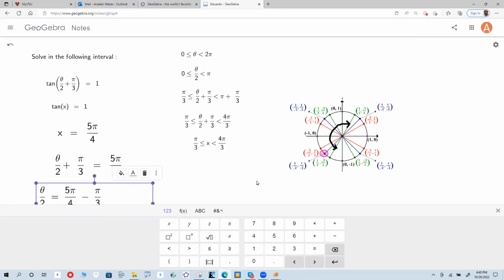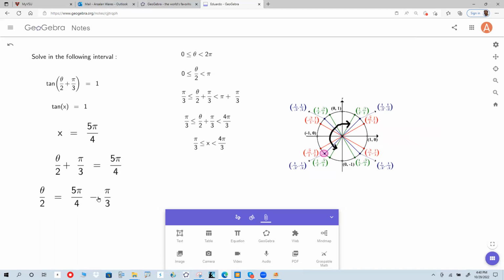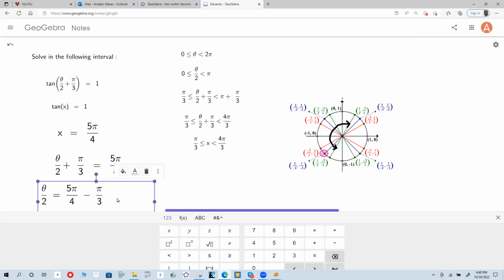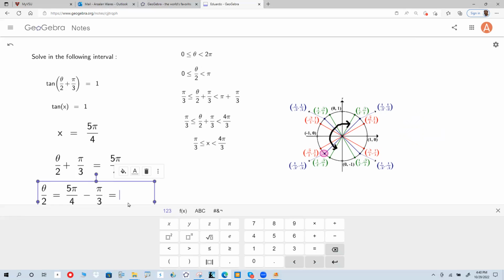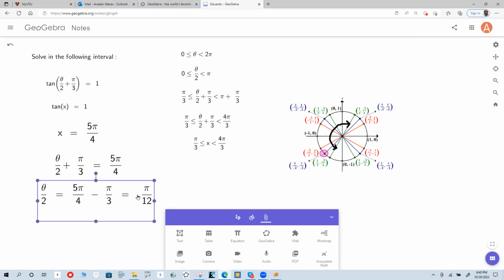You subtract pi over 3, so you have minus pi over 3. If you do your fractions right, it's a little bit of work. You multiply both top and bottom of the first fraction by 3, both top and bottom of the second fraction by 4, and you're going to get, let me double check, pi over 12.